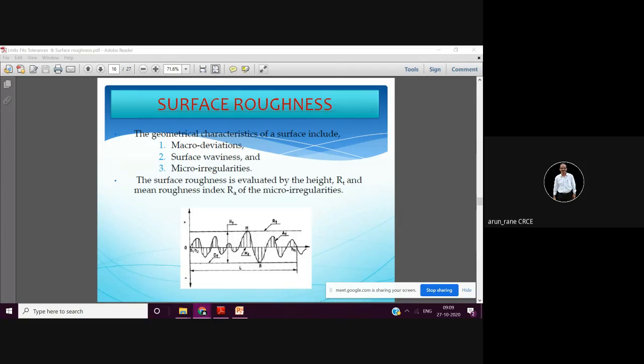The aim of those processes is to reduce the distance between the highest point and the lowest point, that is crest and trough. And of course, as you go on reducing this distance, the more accurate surface finish you want, the cost will be higher.